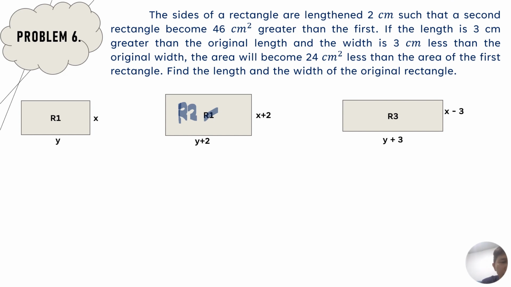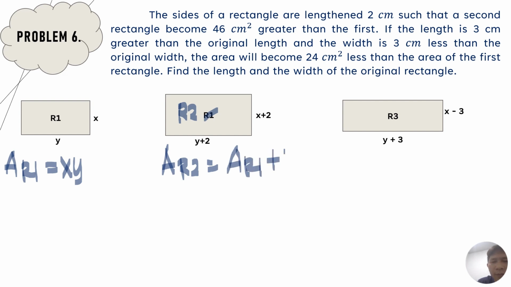We know that the area of rectangle 1 equals x times y, and the area of rectangle 2 is 46 centimeters greater than the first, so this becomes the area of rectangle 1 plus 46. Okay, then we can continue.